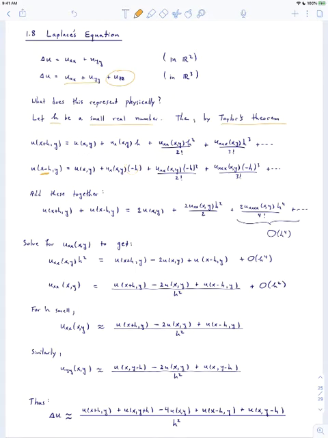At any rate, what we're going to do is add these two together. So we're going to have u at x plus h comma y plus u at x minus h comma y. Now what happens if we add these things together? The first thing to notice is that all of the terms with h to an odd power are going to cancel out, because here I have an h and here I have a negative h.